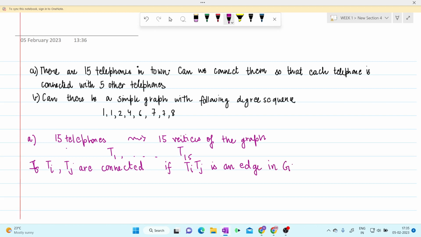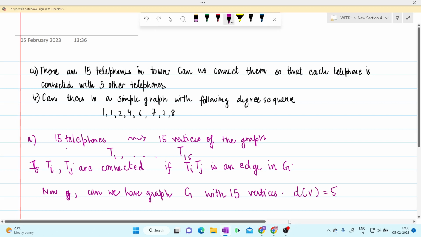Now our question becomes: can we have a graph G with 15 vertices and each vertex has degree 5?